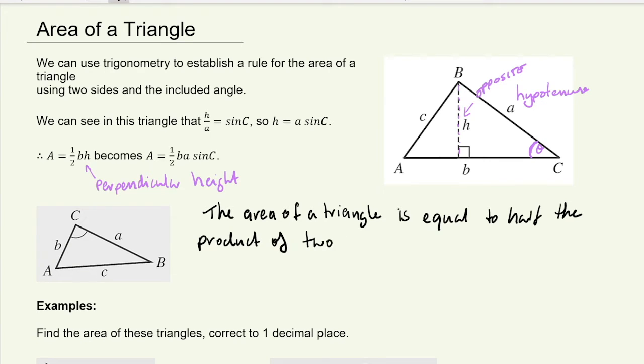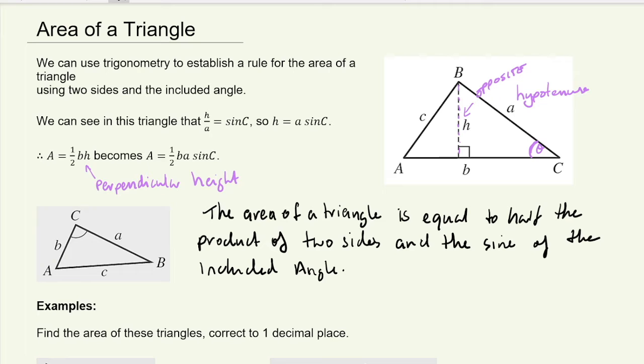So you just need two sides, and the sine of the included angle. So you've got to make sure you include that angle. So you can see here, included angle, there's the two sides. And that gives us this formula: area equals a half B A sine C, as you can see up here.